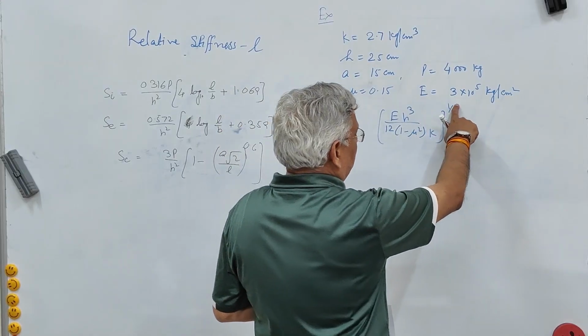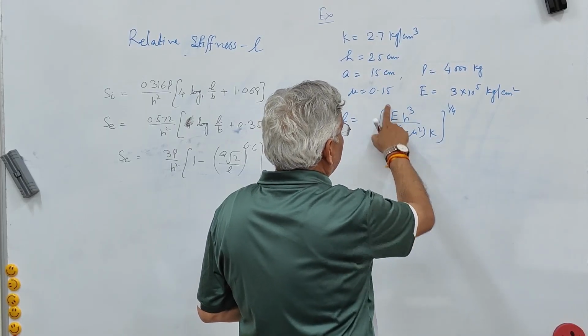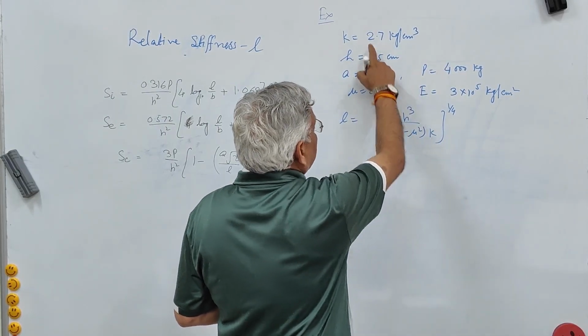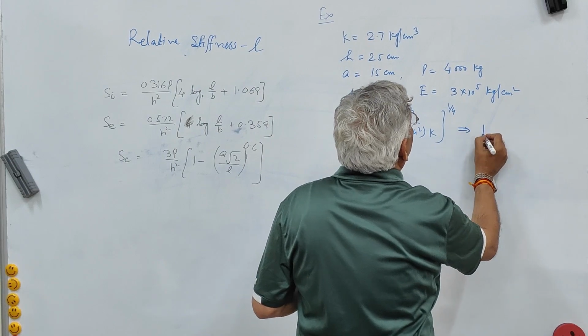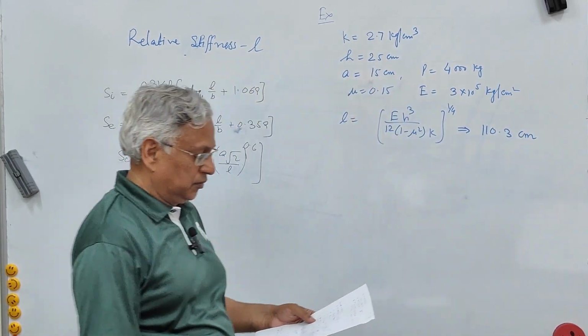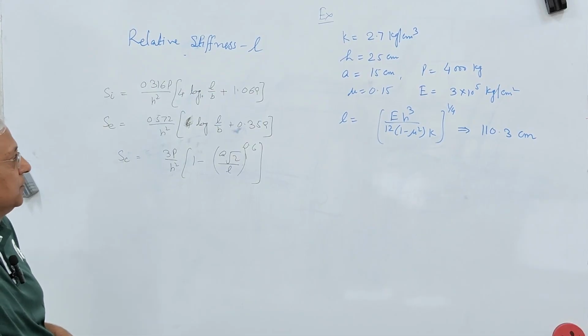E is 3 into 10 to the power 5, H 25, mu 0.15, K 2.7, and this is equal to 110.3 centimeter. When you put all these values here, this is 110.3 centimeter.